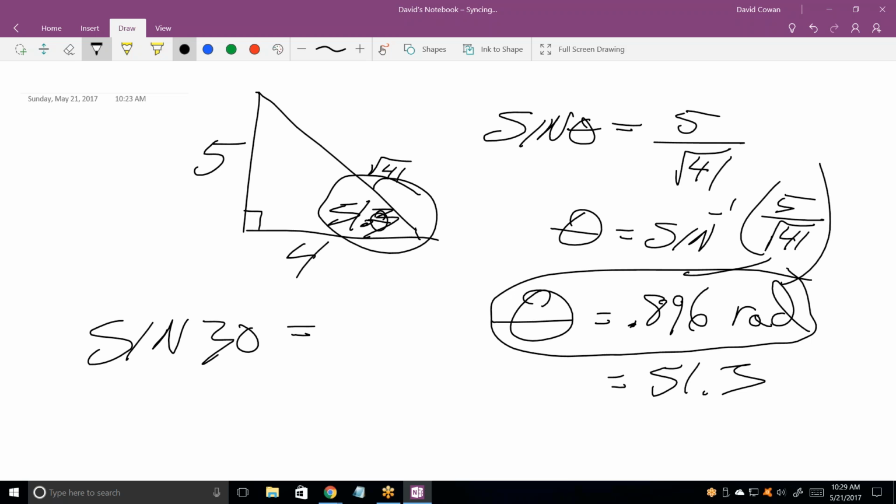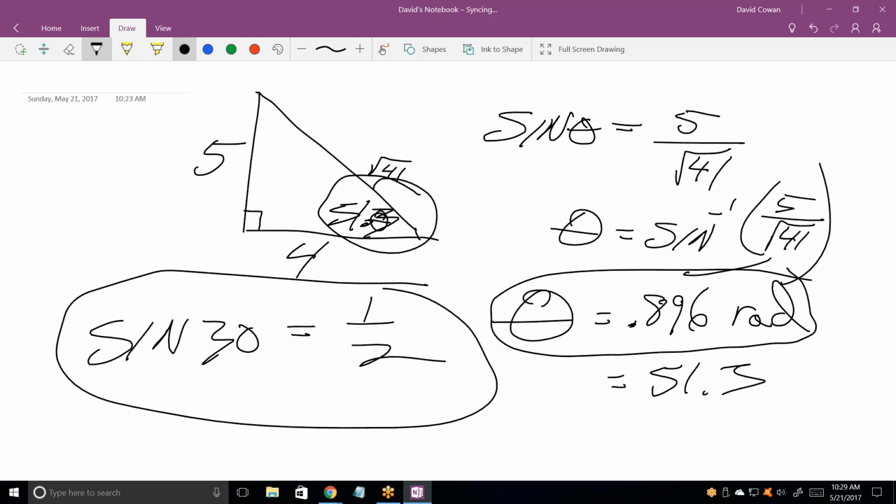If you get 1/2, you're in degrees. If you get anything else, you're in radians. And that's a quick little test that you can do real quickly. And that will tell you whether you're in degrees or radians and whether you need to switch it or not.